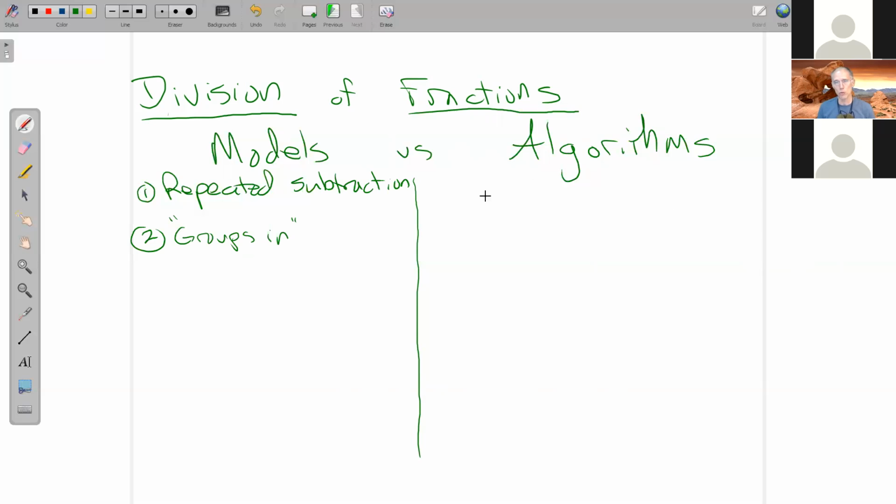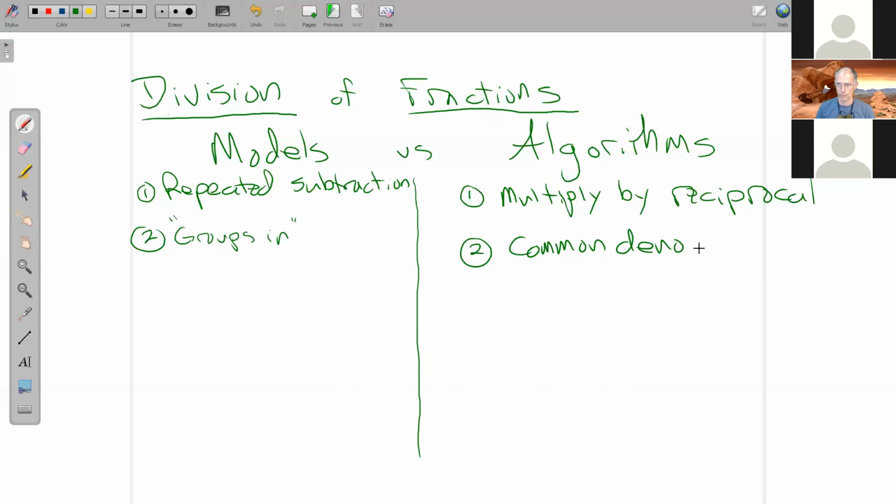Algorithms, we came up with a few algorithms. One algorithm is to multiply by the reciprocal. And then two, I showed the common denominator algorithm. And then three, there's the arrow algorithm.